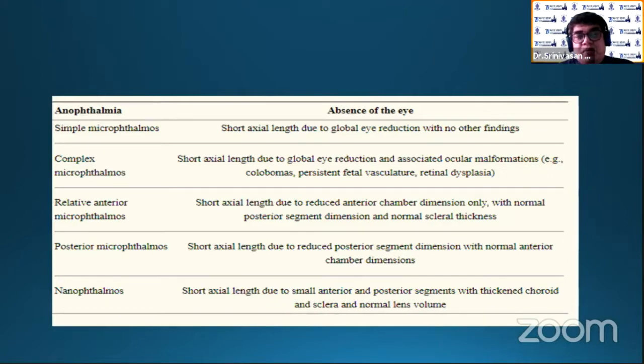Whereas in posterior microphthalmos, there is a short axial length due to the posterior segment dimension with normal anterior chamber dimensions, and the rest of the things are normal. In nanophthalmos, the short axial length is due to both small anterior as well as posterior segments. Here the sclera is thickened and the choroid is thickened with normal lens volume.